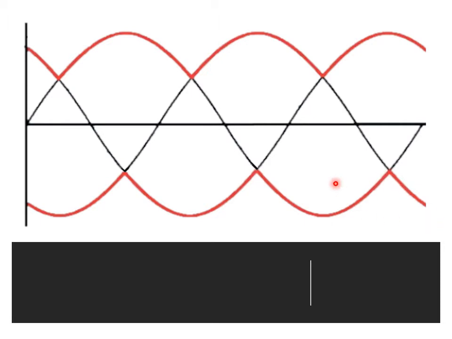If you examine it even closer, you can see when this sine wave is at its peak, that these 2 negative alternations are at their lowest. So even when these 2 alternations are at their lowest, I'm at my maximum voltage here.